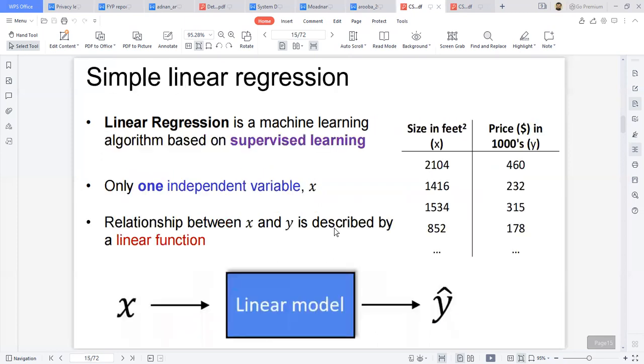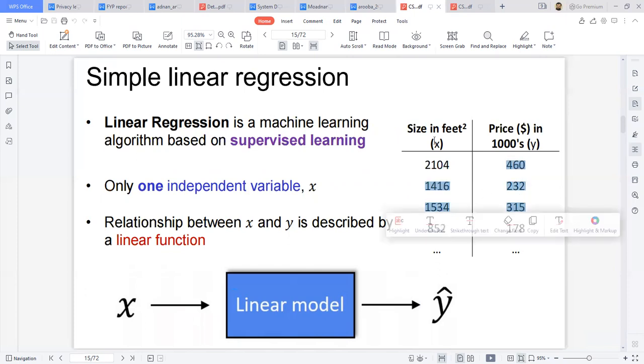That will come ahead. So linear regression is a machine learning algorithm based on supervised learning. For example, we have some values here, like the area of the house, and this is the price of the house.